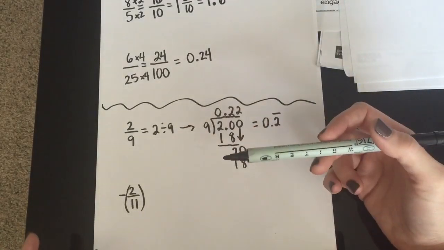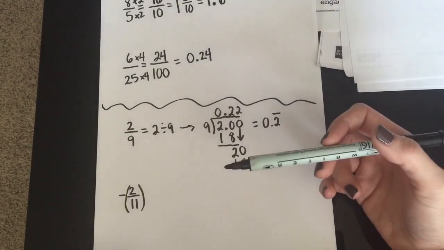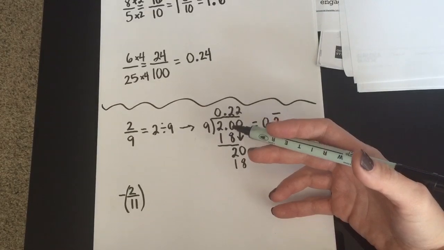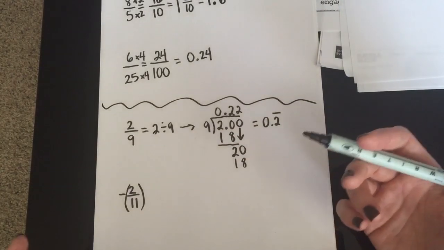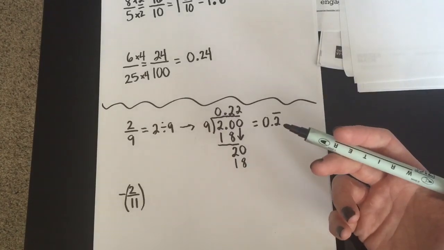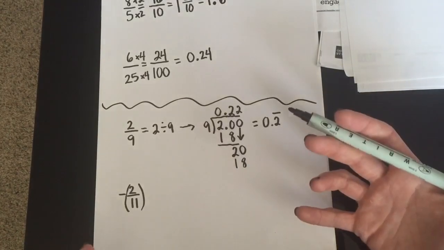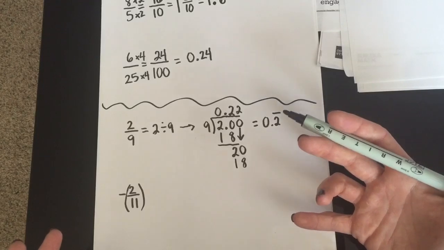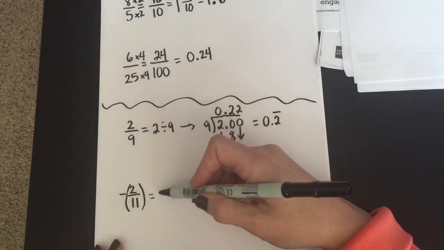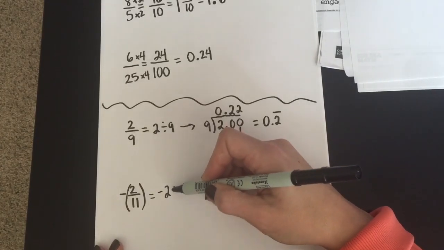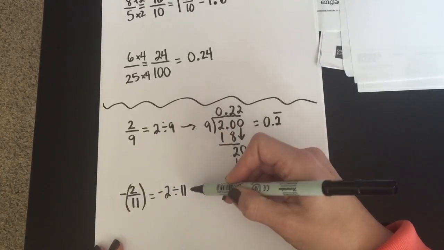Okay, here we have a negative fraction. Again, 11 does not go into 10 or 100 or 1,000 evenly, so we want to do long division. Since it's a negative fraction, we can make either the numerator or the denominator negative. Doesn't matter, just in the long run, our decimal form is also going to be negative. So this is the same as saying -2 divided by 11.